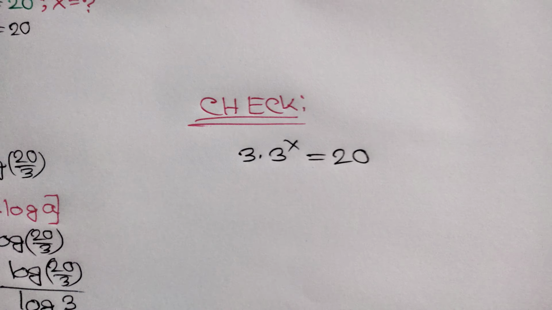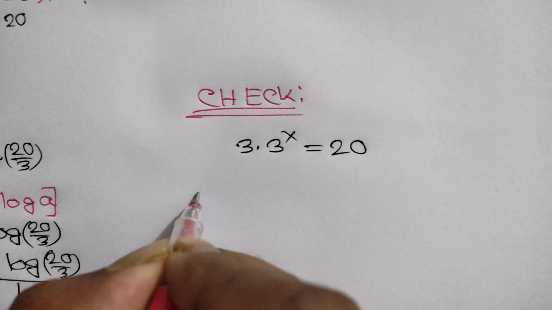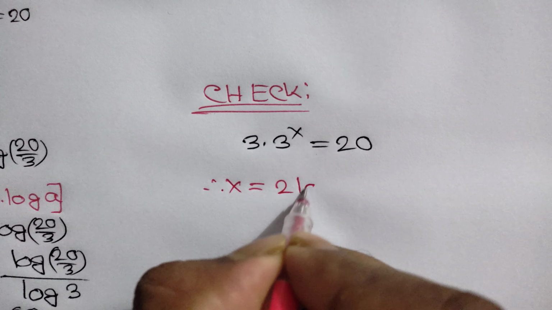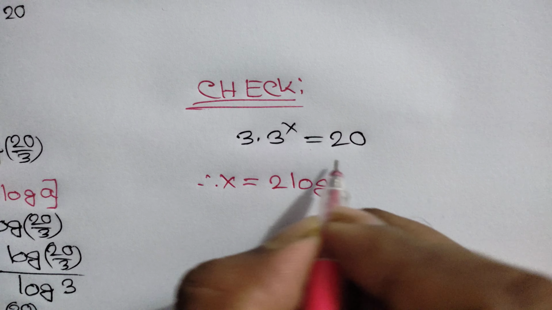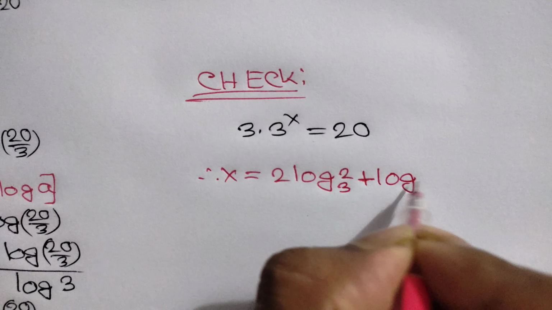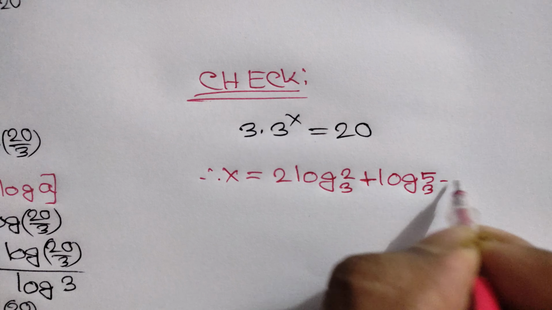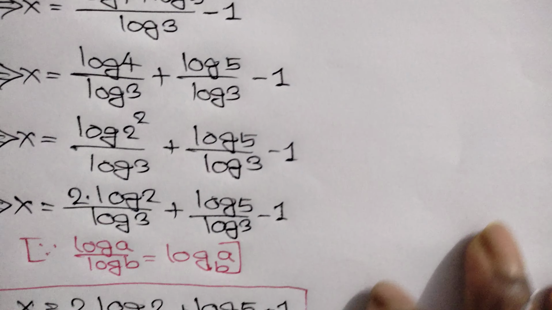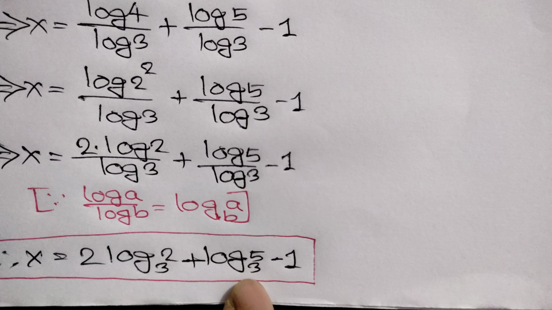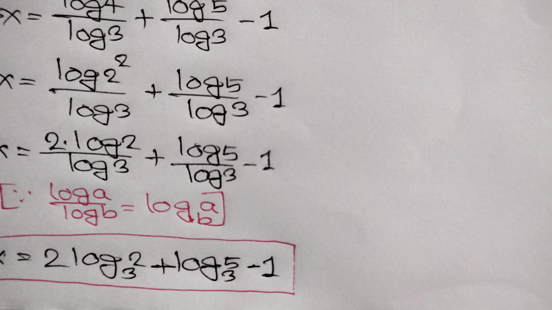Here x is equal to 2 times log of 2 base 3 plus log of 5 base 3 minus 1.